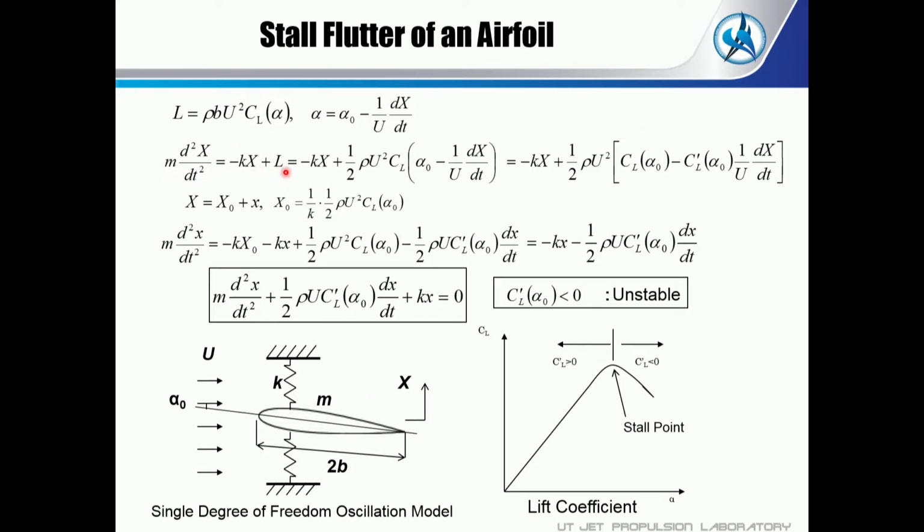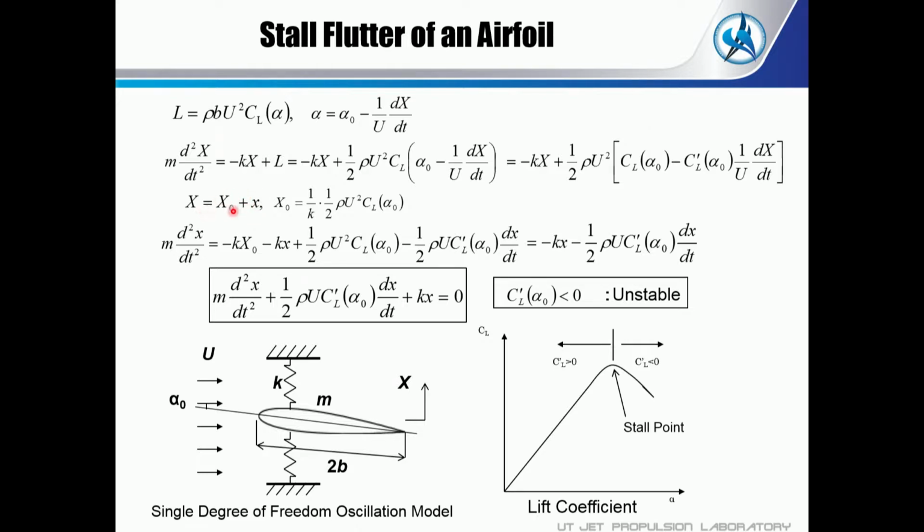And the lift force is substituted by this one, and alpha is here. We expand CL by Taylor expansion like this, and only the first term is used, and the second-order and higher terms are neglected. So we can have this equation. x0 is the initial position of the airfoil, and x is the change from the initial position.